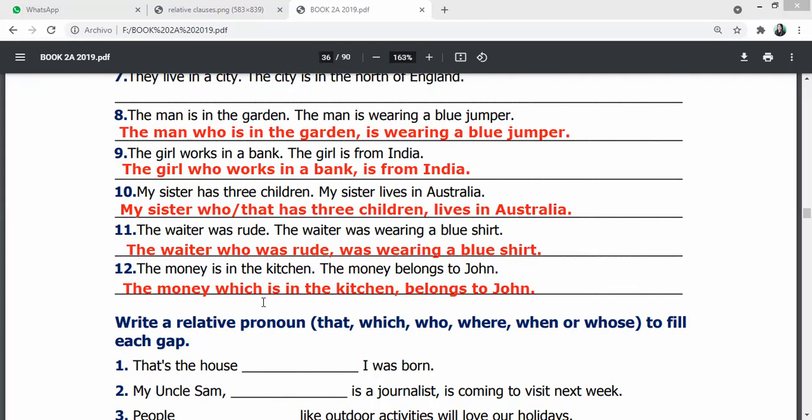To talk about necessary information. Thank you. What about non-defining? Yes, the necessary information.